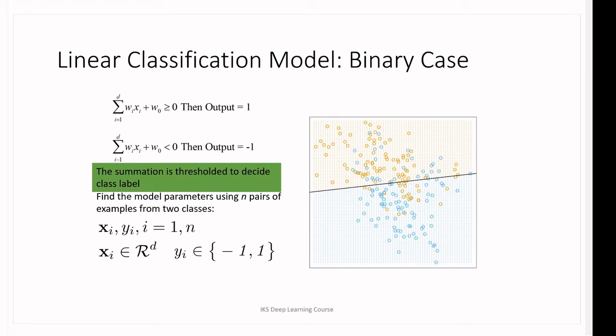And of course, in order to find the model parameters, we need a number of examples. So let us assume that we are given n pairs of examples, and these examples come from two classes.